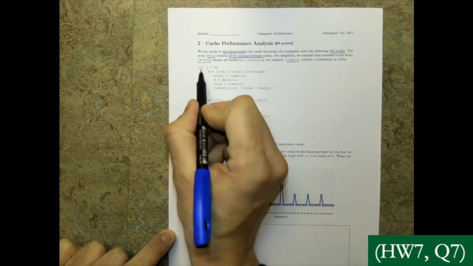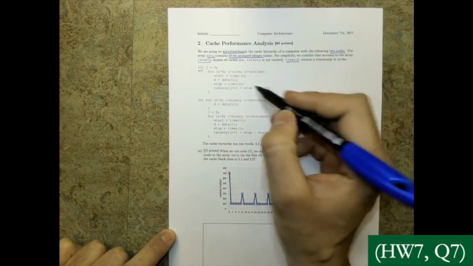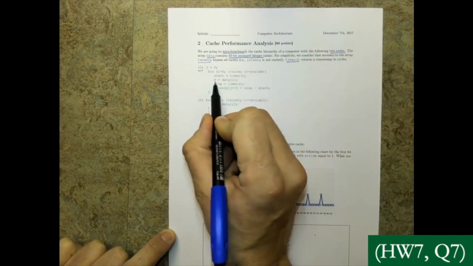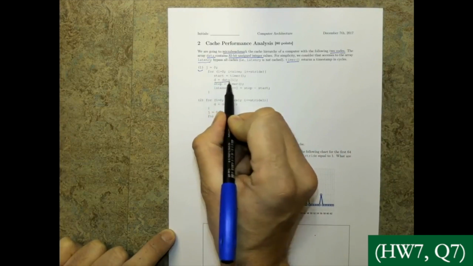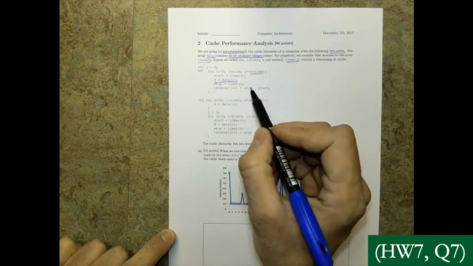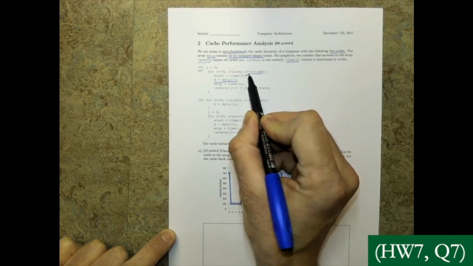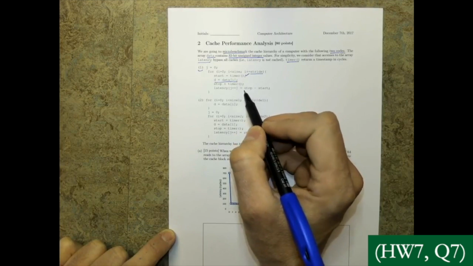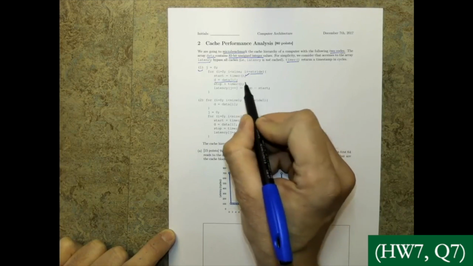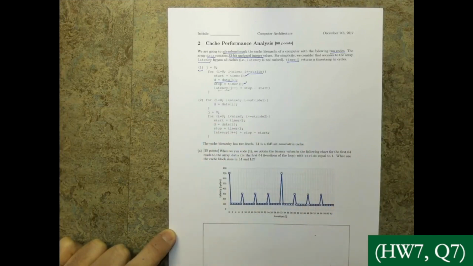If we go through code 1, we will see that we go through the array data with a certain stride, and we record the timestamp right before the memory access and right after the memory access, and this way we calculate the latency.